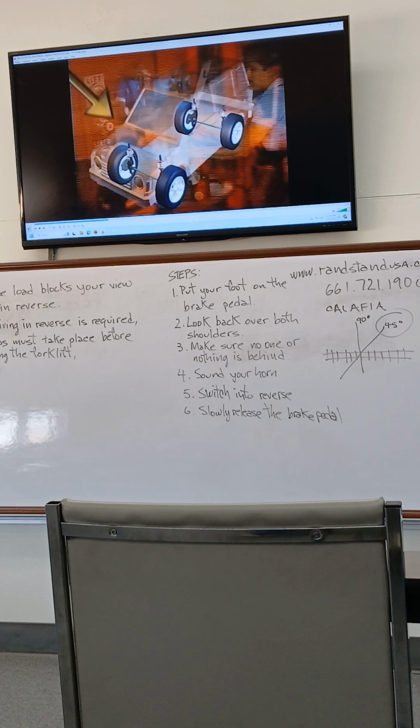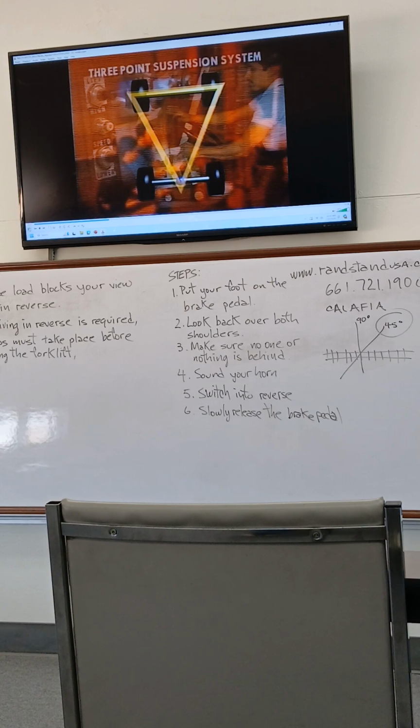Automobiles also have a 4-point suspension system. This means the automobile is supported by 4 points of a suspension system. Forklift engineers have designed forklifts on a 3-point suspension system, even if the forklift has 3 or 4 wheels. Since forklifts don't have shock absorbers, a pivot pin in the center of the axle supports the forklift's rear end.